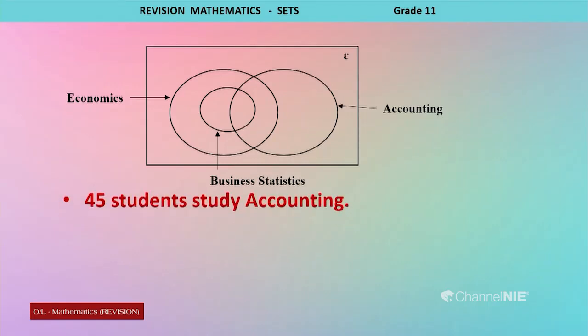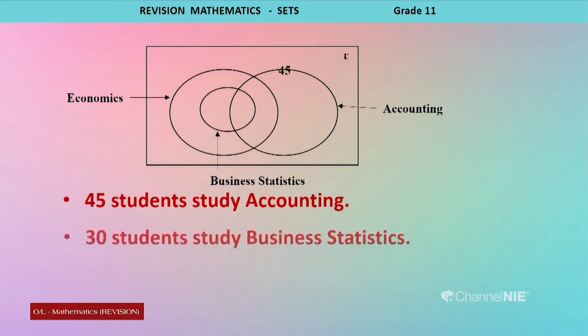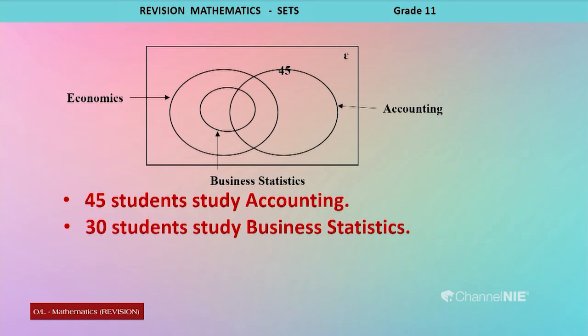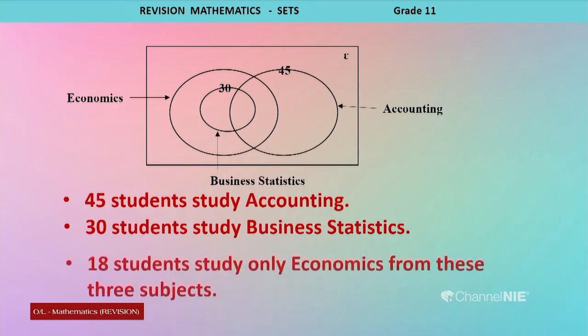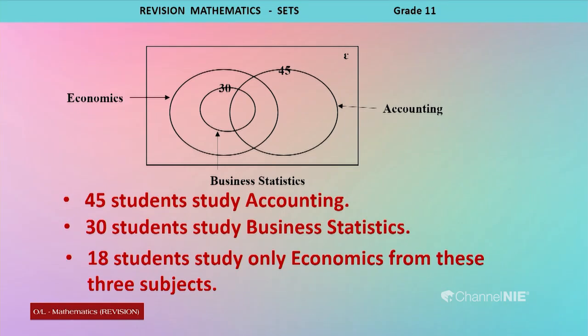45 students study accounting. It is clear that 45 accounting set, right? 30 students study business, business 30, 30 there, right? Very easy one. Then 18 students study only economics from these 3 subjects, only economics, we will see 18, right?